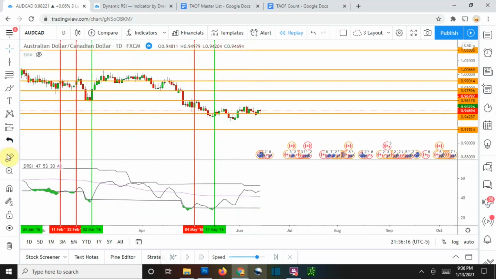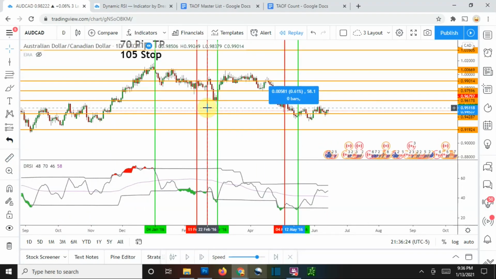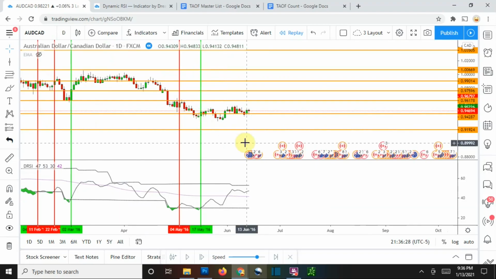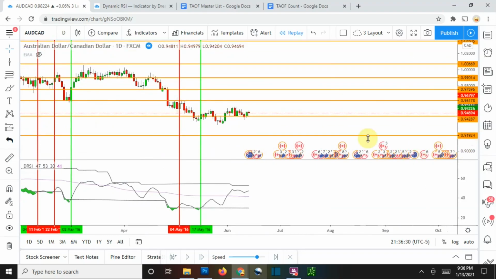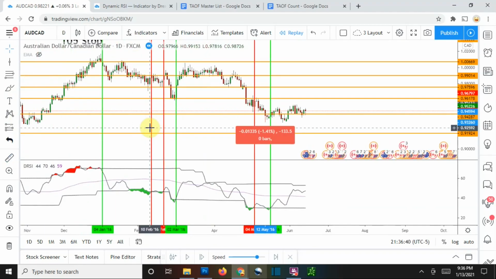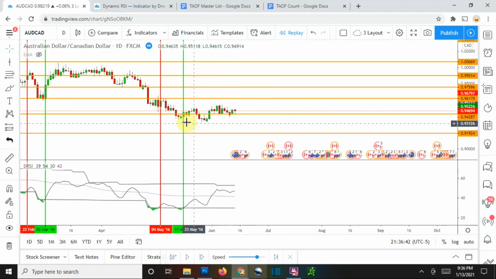All right, so let's do some measuring here. See if we got ourselves to, what are we looking for? 70 pips. Ooh, that was close, but not quite. Let's measure to the downside and see if it got us stopped out. 133 to the downside, 105 is our stop.